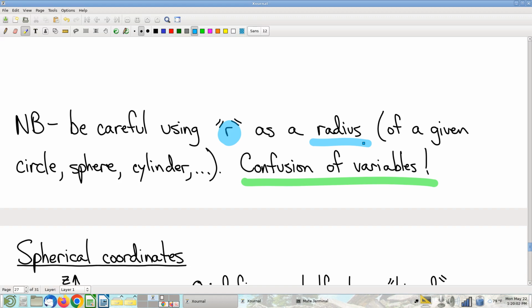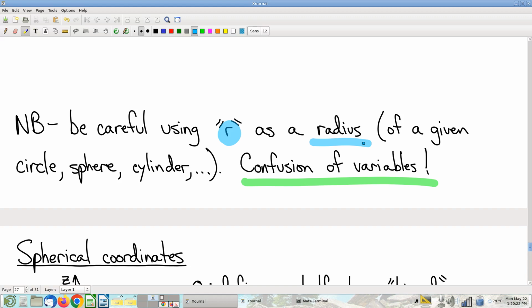And then there's also, of course, the coordinate r, which we like to call r because it is the radius of a hypothetical circle. So you can't call them all r, right? So please be very careful.